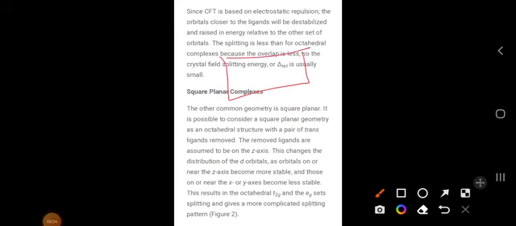But when you take square planar, you have only 4 ligands, which are going to attract on the z axis only.